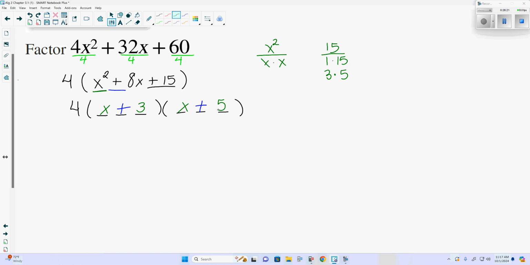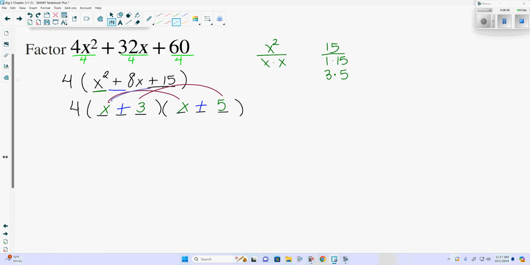Now the last step, the check. This is why the check is important, because it makes sure they are indeed the correct factors. Like I said with the last one, I'm not so focused on x times x, because x times x is still x squared, yes? 3 times 5 is still 15, because we got both of those from the factors of x squared and the factors of 15.